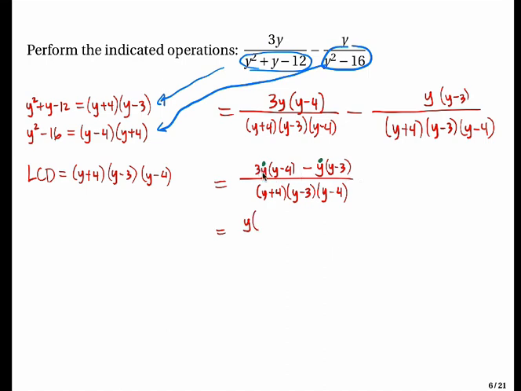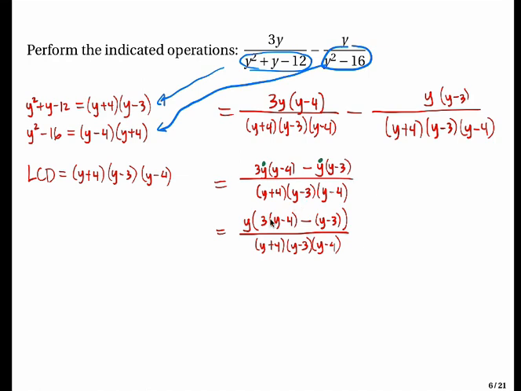And what remains for each term? We have here 3, y minus 4, and then minus, we have y minus 3. And then close parenthesis. And then again, we just copy the denominator: y plus 4, y minus 3, y minus 4.